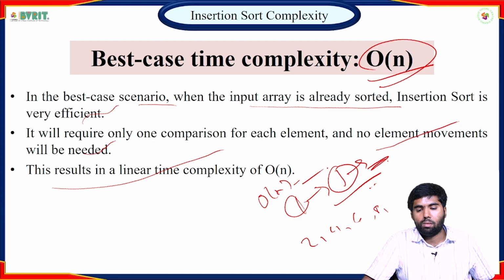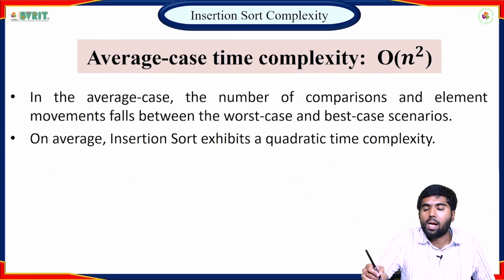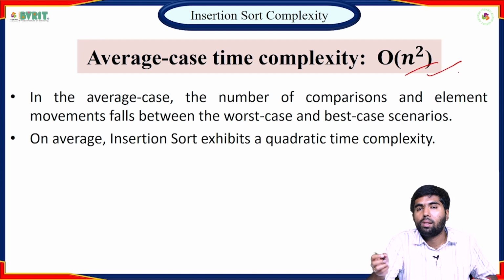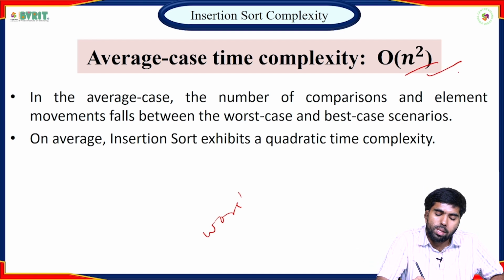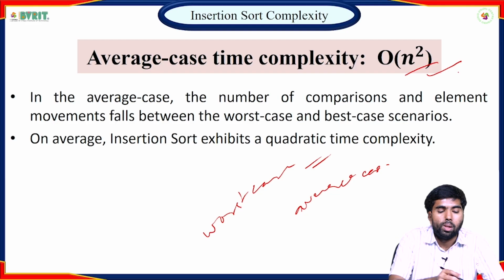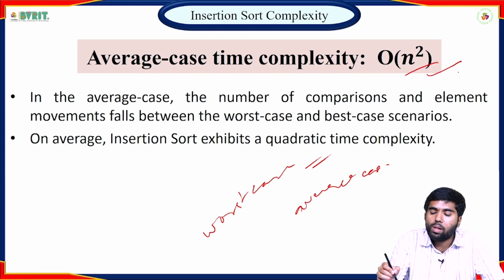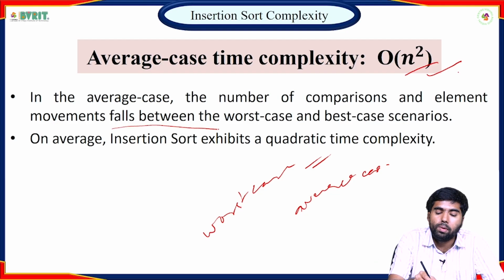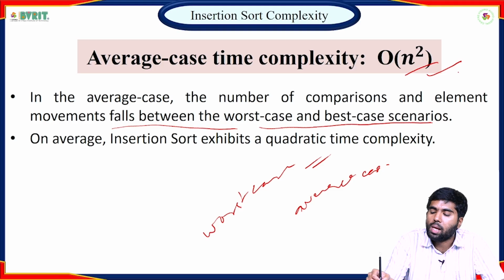Fine. Another part is the average case scenario. The average case is O of n square again, which means worst case is equal to average case. Here in the average case, the number of comparisons and element movements falls between the worst case and best case scenarios.